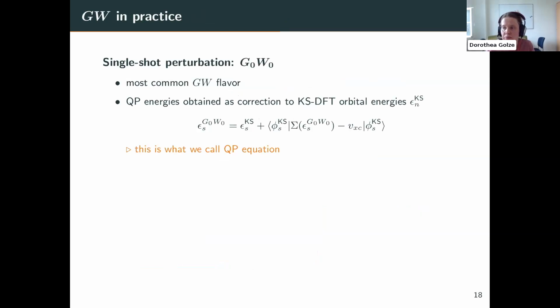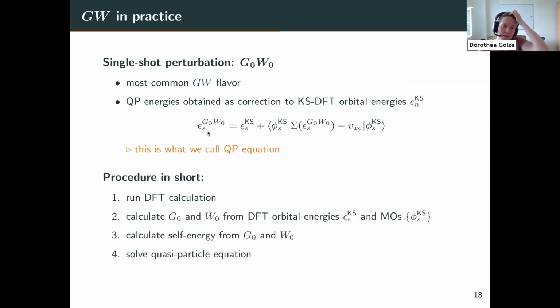To explain the procedure in short, we first run a DFT calculation to get our Kohn-Sham orbitals, epsilon KS, and the corresponding orbitals phi KS. From those, we build G0 and W0. We then calculate the self-energy from G0 and W0, and solve this equation.